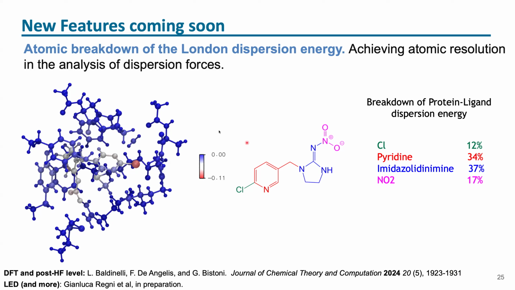So in this example here, we have analyzed the contribution of each atom in the imidacloprid ligand to the binding energy with a protein receptor. The analysis shows that the chlorine atom alone contributes more than 10% to the overall dispersion contribution to the protein ligand binding energy. So I believe that this kind of insight could be very useful for the development of novel pharmaceuticals, but also in other fields like catalysis and material science.